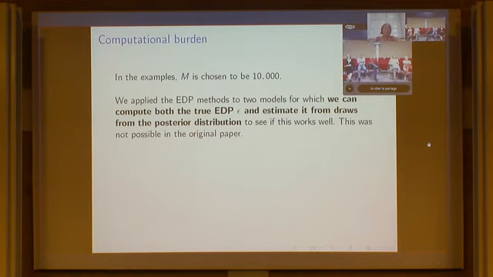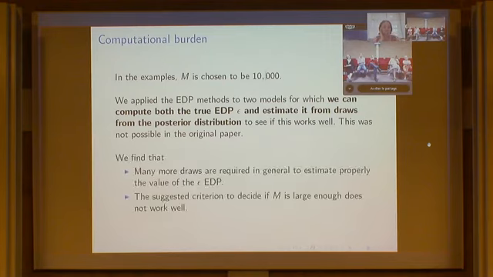Since we applied EDP here to simpler models, the normal model and the beta binomial model, we were in both cases able to compute the true EDP. And then we also estimated it from draws of the posterior distribution. They couldn't do that in their example because they had way more complicated models, and so you couldn't get the true value; you had to sample.